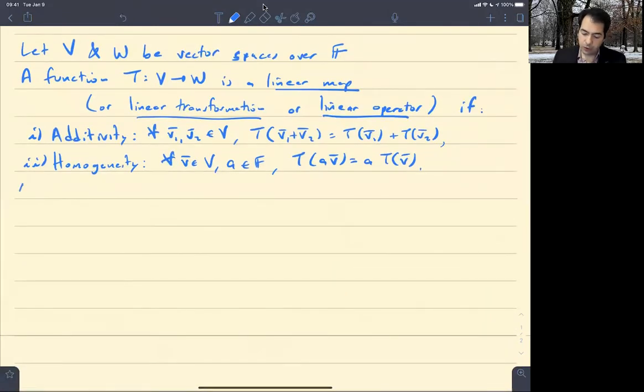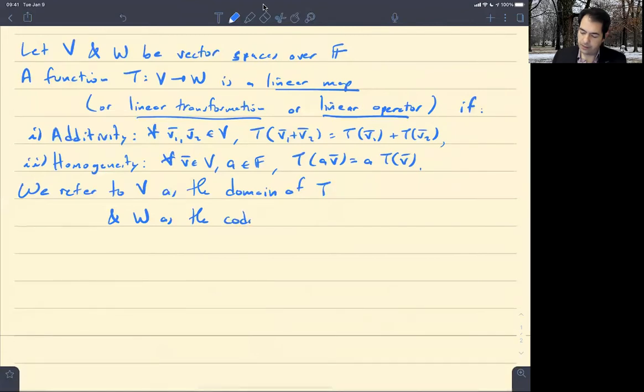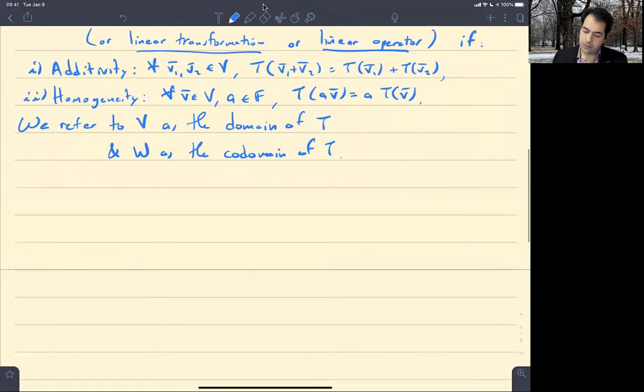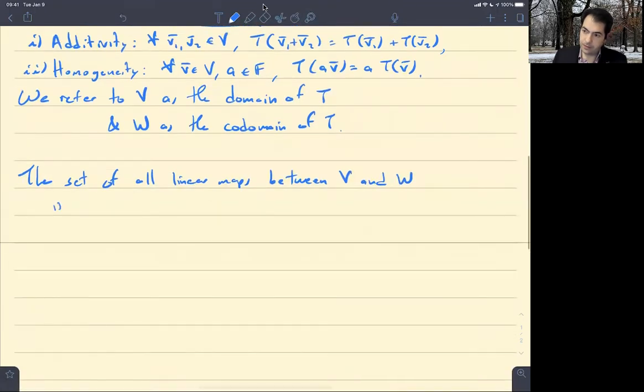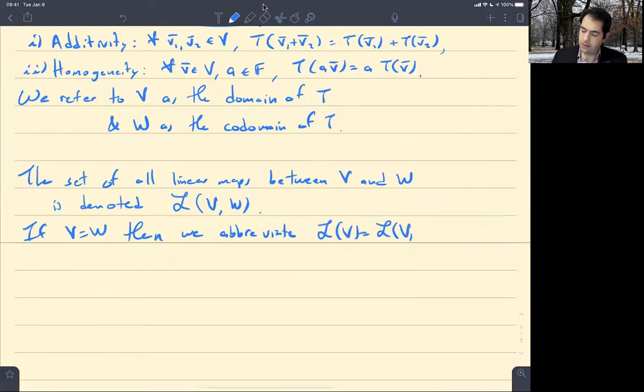If you have a map like this, we refer to V as the domain of T and W as the codomain of T. Okay, the set of all linear maps between two fixed vector spaces, V and W, is denoted curly L of V comma W. If V is the same as W, then we abbreviate L of V to mean L of V comma V.